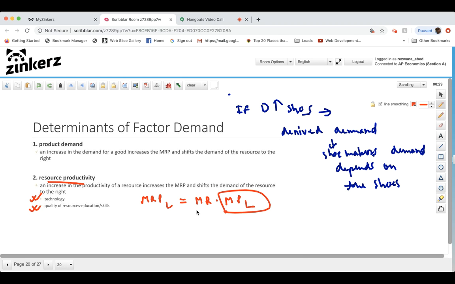If workers are more productive, or if other factors are more productive, it will also increase the demand for factors. And vice versa, if workers are less productive, it will decrease the demand for factors.